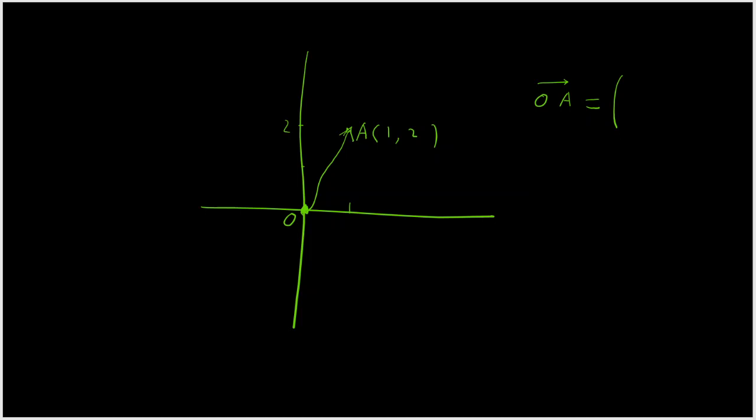The two numbers are coming from the coordinates of the terminal point A, because the initial point has to be 0, 0. As long as you have the terminal point, the terminal point uniquely determines a position vector. So can I say it that way? And then after you have the coordinates of the terminal point, you write the two numbers in a column in order. That's the x coordinate of the terminal point A. That's the y coordinate of the terminal point A. That's how we represent a vector.